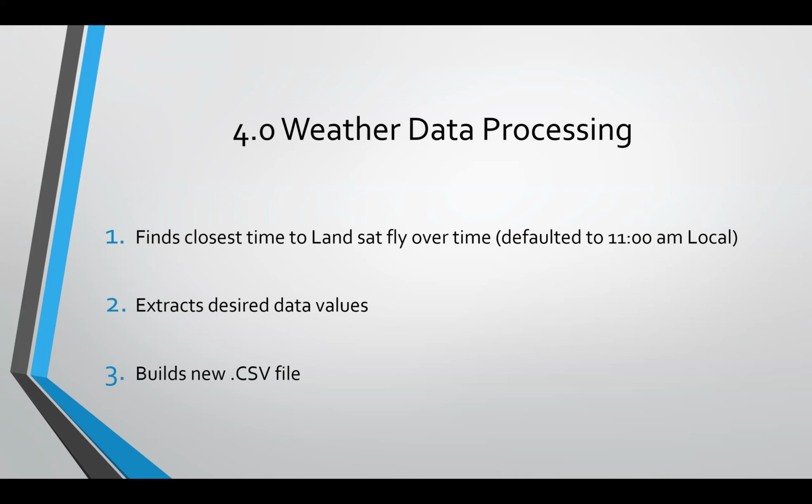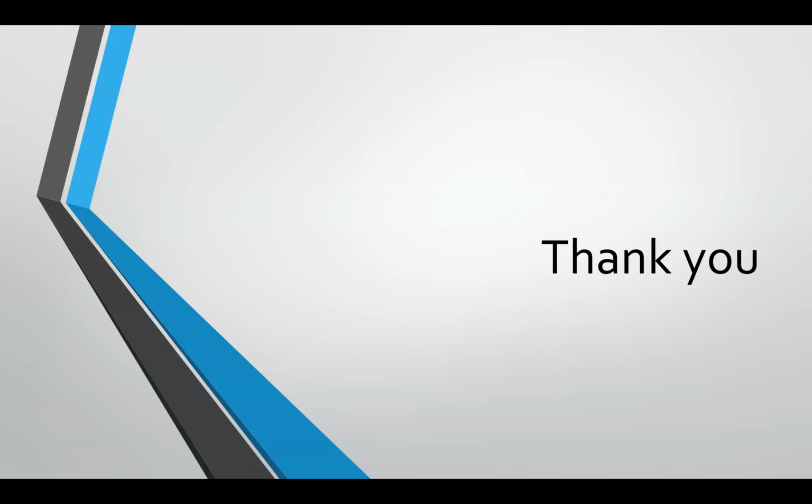It extracts from the CSV file the date and timestamp closest to that, with the specified headers of which data you want to extract. And then it builds a new CSV file with that information so that you can use it when running the model.